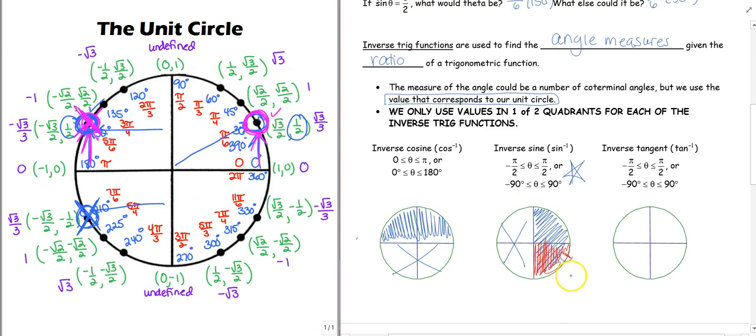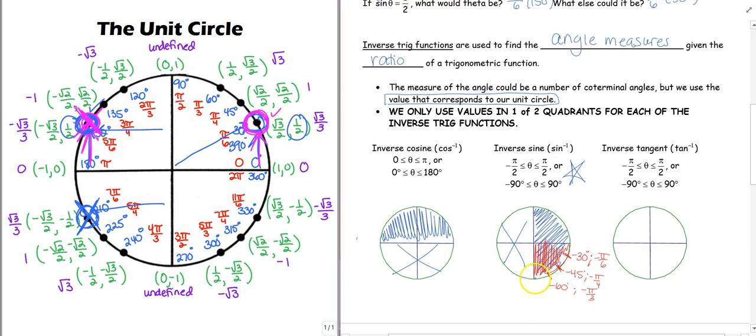So instead of labeling 330, I'm going to label a negative 30 degrees, which is a negative pi over 6. Instead of listing the angle of 315, my answer is going to be a negative 45, which is a negative pi over 4. Instead of positive 300, it's negative 60, which is a negative pi over 3.